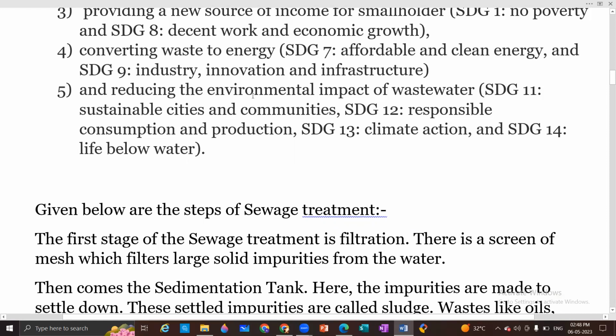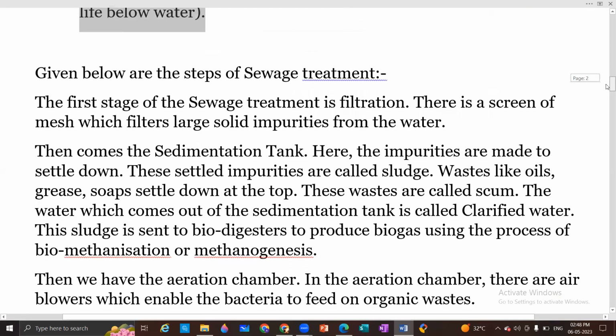Reducing the environmental impact of wastewater shall help us in achieving SDG 11, which is sustainable cities and communities, and SDG 12, which is responsible consumption and production. SDG 13, climate action, and SDG 14, which is life below water, since the water won't be polluted, thus saving life of animals. So here are the steps of sewage treatment.